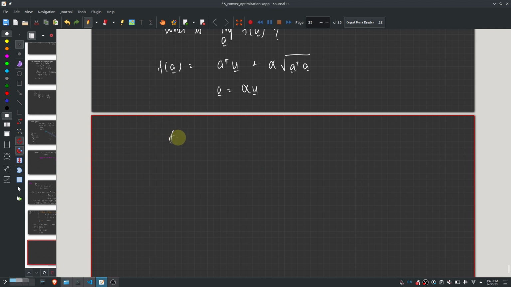So what does this f tilde of alpha equal? It is alpha times U transpose U plus alpha. Bad notation, let me call this beta times U, because I already have an alpha.